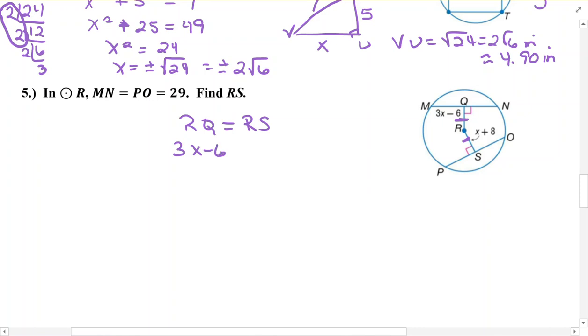So 3x minus 6 equals x plus 8. 2x would equal 6 plus 8, which is 14. So x would equal 7. So that means that RS equals 7 plus 8, which is 15.